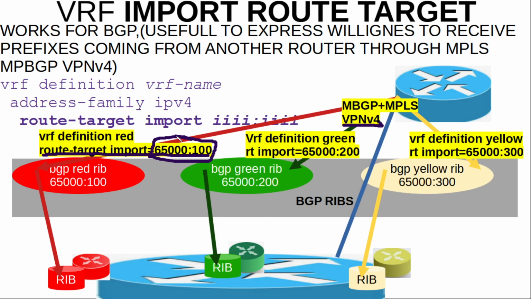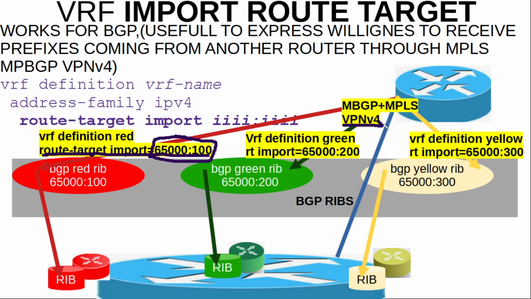But in this case, this is only meaningful when you have these types of neighborships with different routers using multi-protocol BGP VPNv4.